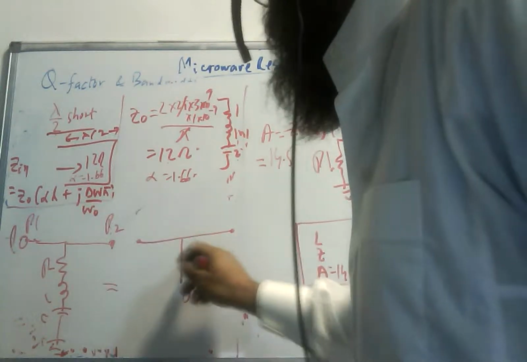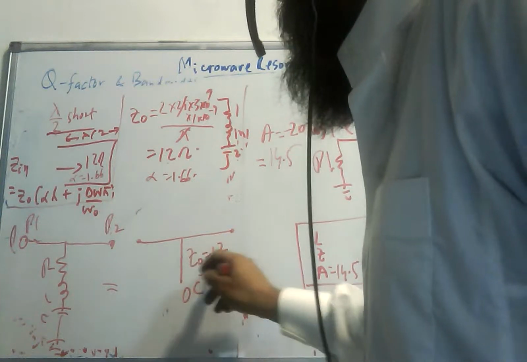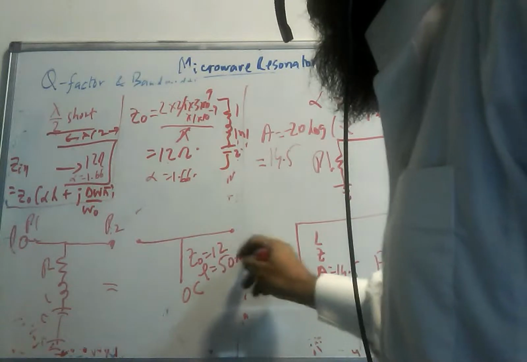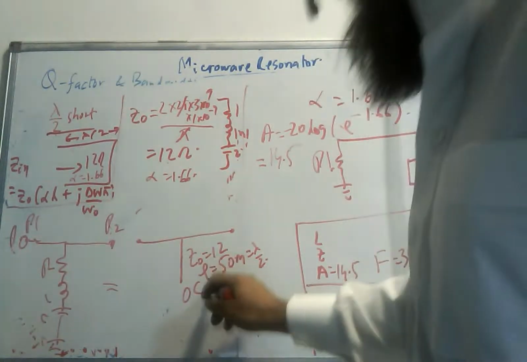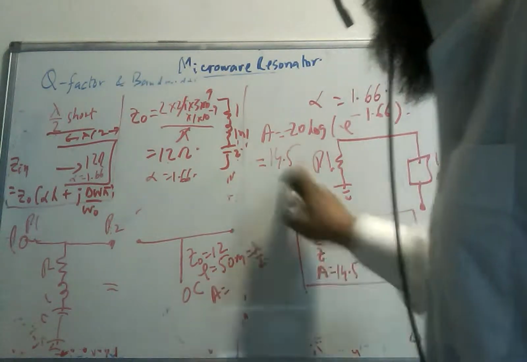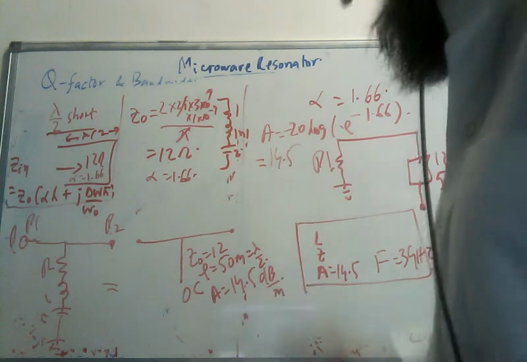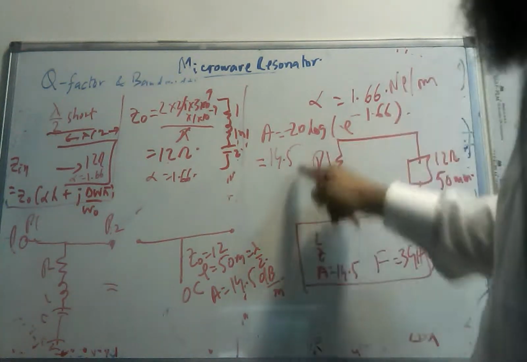But Z naught should be 12, and the length should be lambda by 2. In this case, it is 50 meter, equal to lambda by 2. And A should be equal to 14.5. This is NP per meter, Napier per meter, and this is dB per meter.